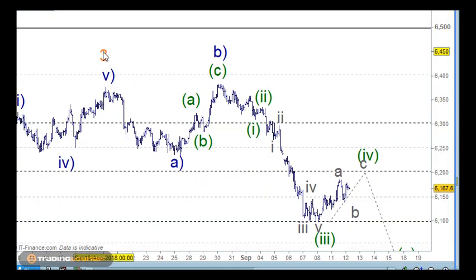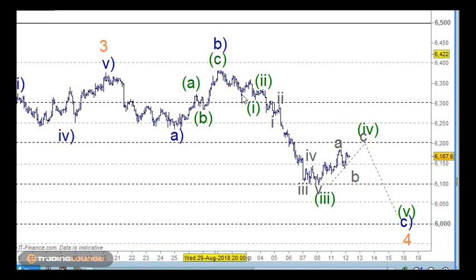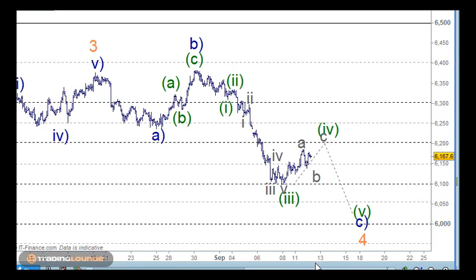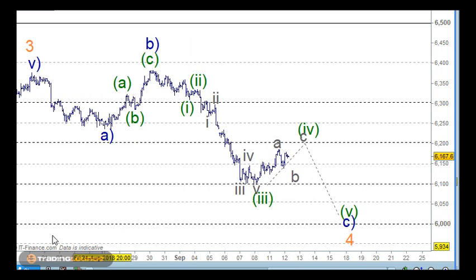From the top here, an A wave here. When I count up here, I've got 5 waves in this first little structure, then an A, B, C here, and then I've got another little 5 waves in here. So even though it's taken the top out here, that's fine. It does count quite nicely as an A wave, a B wave, and then we're looking at this structure here, which I'll talk about in a moment, and then 5 waves down here to finish this. So we could just bounce straight up from here. So I won't have any answers for this particular structure just yet.